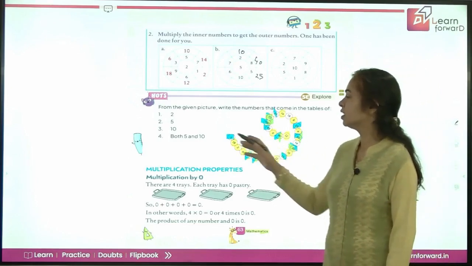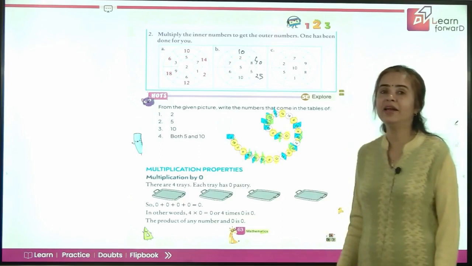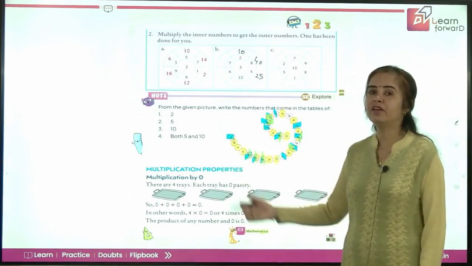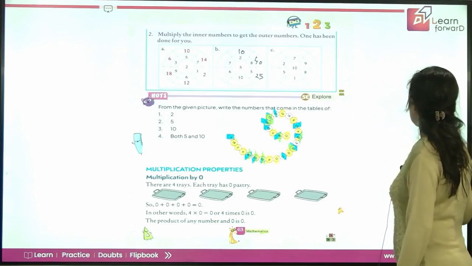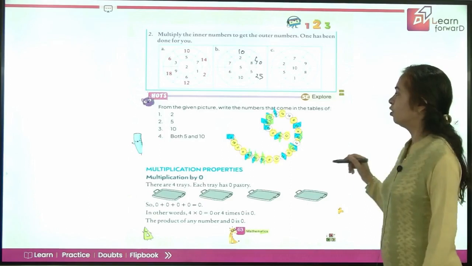Now they are asking which numbers come in the table of both 5 and 10. So for 5 we have used blue color, for 10 we have used green color.